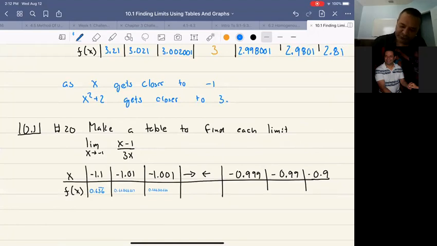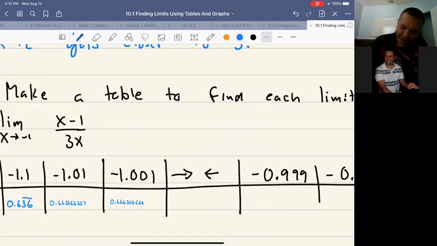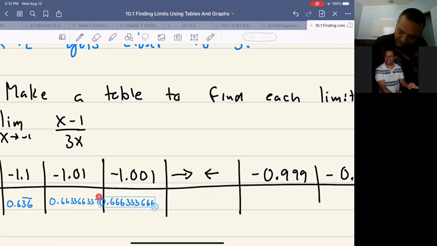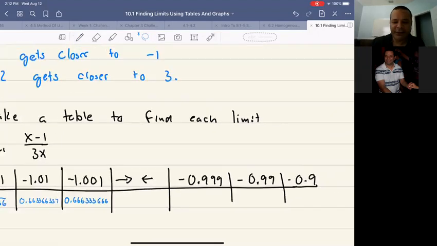Okay, let me make those a little bit bigger. Now let's look at -0.999.